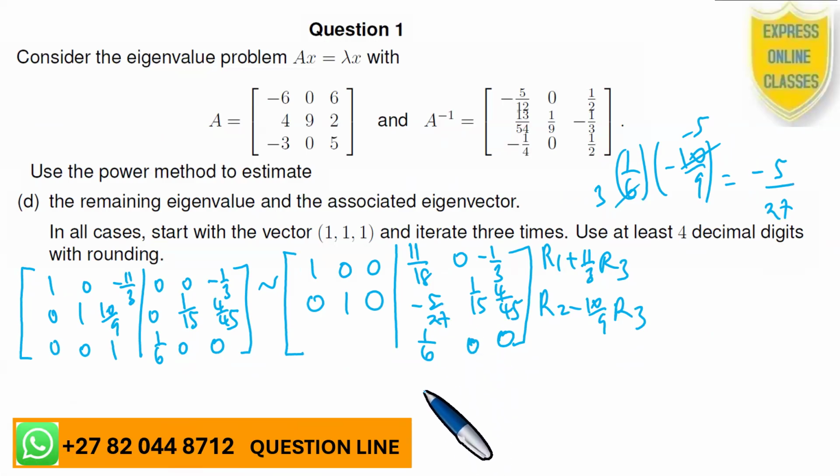So that this is the matrix, which is A plus 6I.